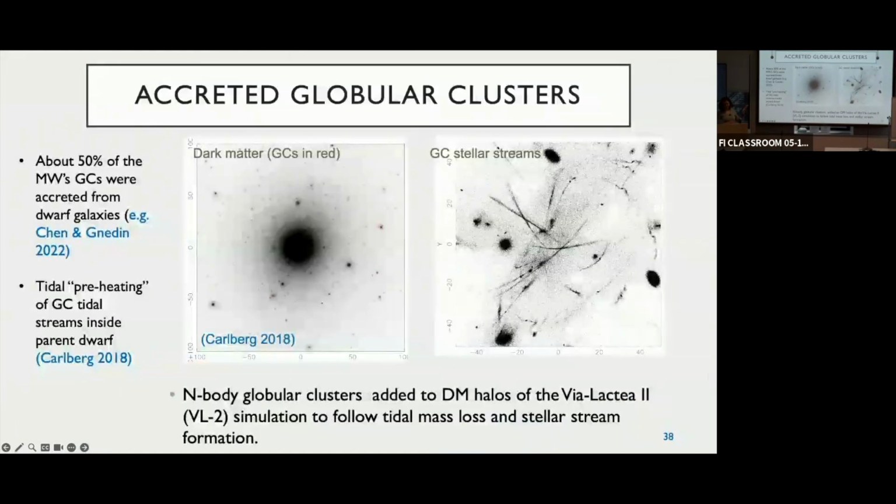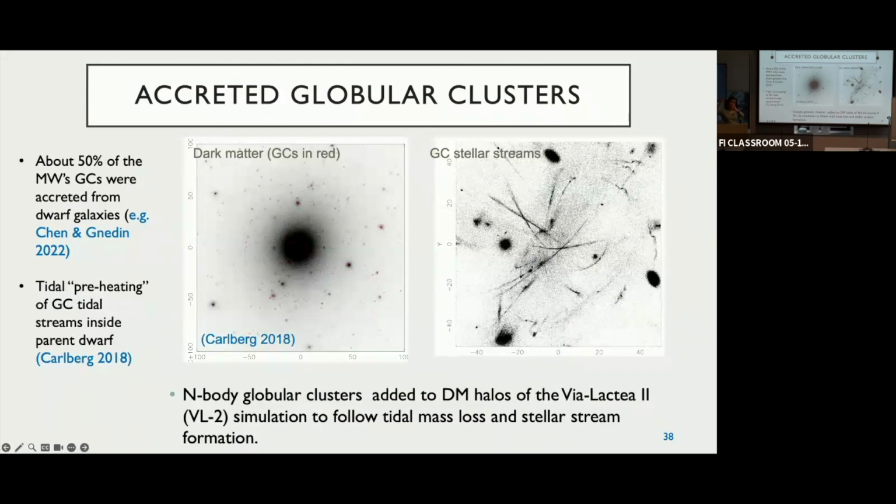So I felt at least my conclusions should say something about the second one. The idea was that there are these populations of accreted globular clusters, and they are thought to form in dwarf galaxies at high redshift, and then they get accreted by the Milky Way.